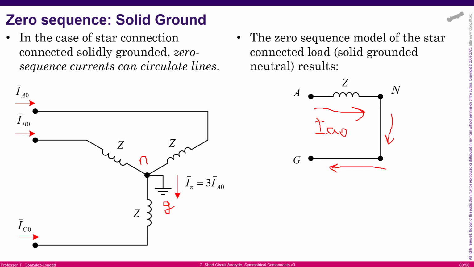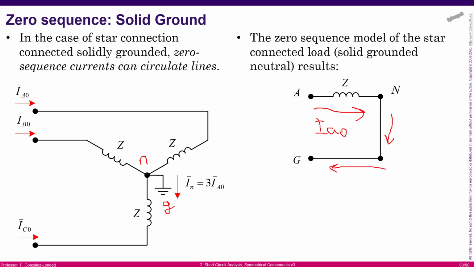You must understand clearly that when we have a solid ground connection on the neutral point, we have the possibility of zero sequence currents moving inside the system. Okay, you need to be careful, and you need to care about what is the scheme used for the connection between the neutral point and ground.